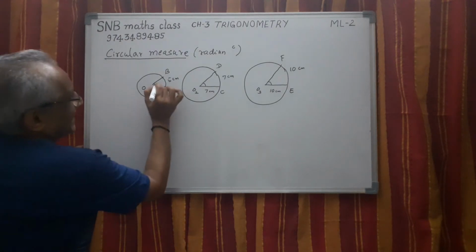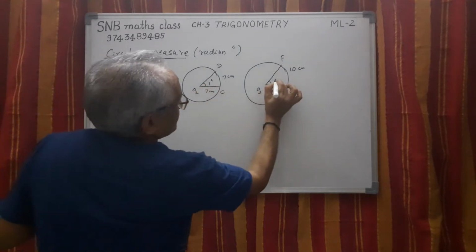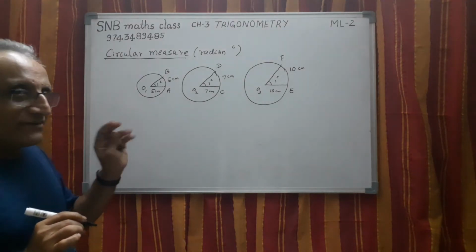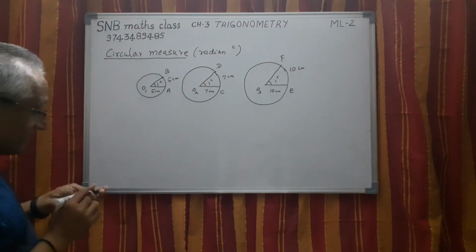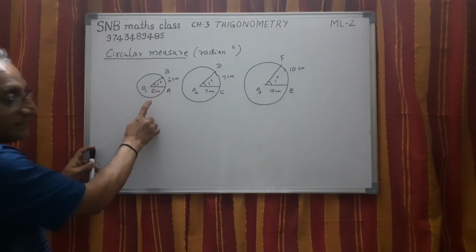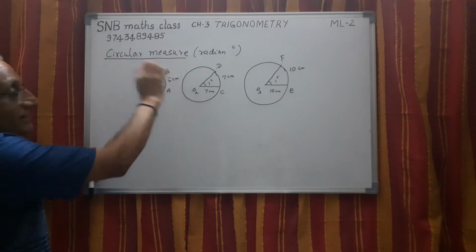So this angle is taken as 1 radian. This is 1 radian. So how to define then 1 radian? You can define like this. It is the angle subtended at the center of the circle of radius which is equal to the arc length.